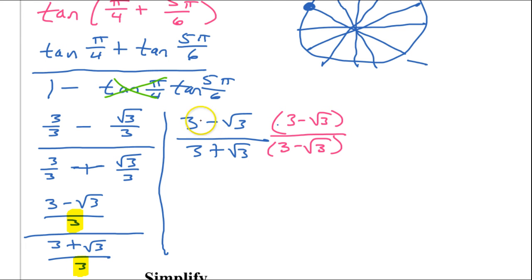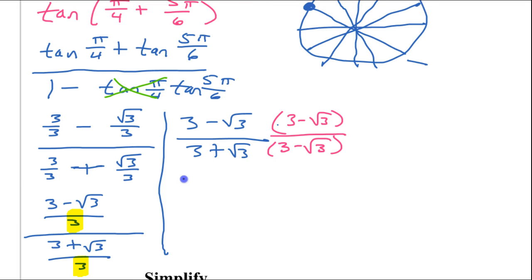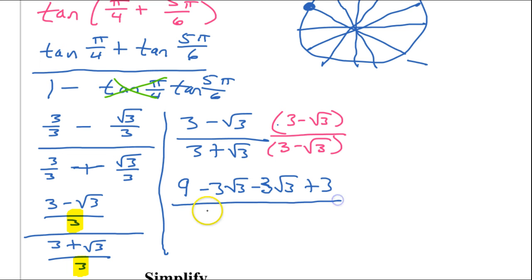If I multiply this out, FOIL, double distribute, whatever you want to call it, that's going to give me 9 minus 3 radical 3 minus 3 radical 3 plus 3. And in the denominator, I'm going to get 9 minus 3 radical 3 plus 3 radical 3 minus 3.